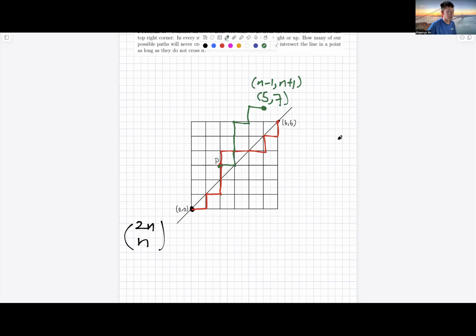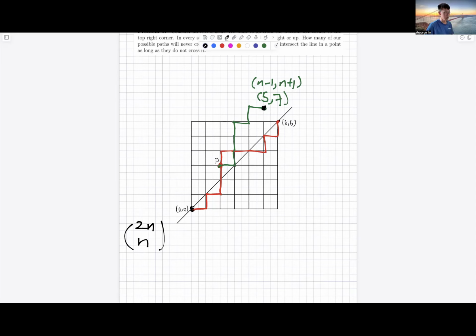If we want to calculate the number of paths that cross this line, since the reflection will always end up here, and the reflection has a one-to-one correspondence with the original path, you can easily check that. Every possible path after P has exactly one possible reflection. So there's a one-to-one correspondence.